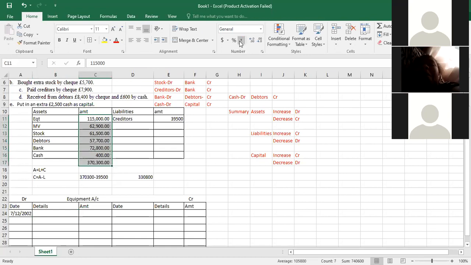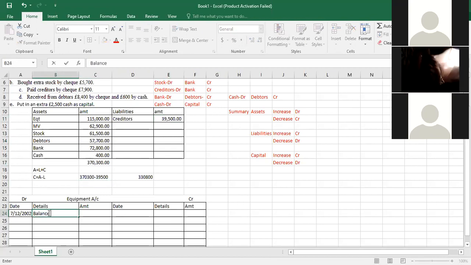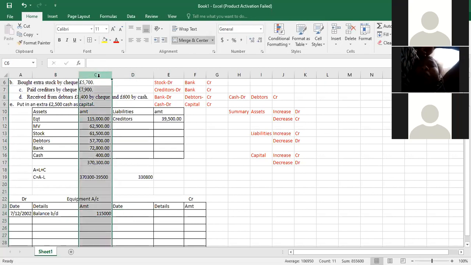Let me monetize it. Now that looks like money. So we are talking of a balance brought downward, normally denoted as BD, and the amount is 115,000. Is there anything else that will affect this book? Let me monetize the entire column.